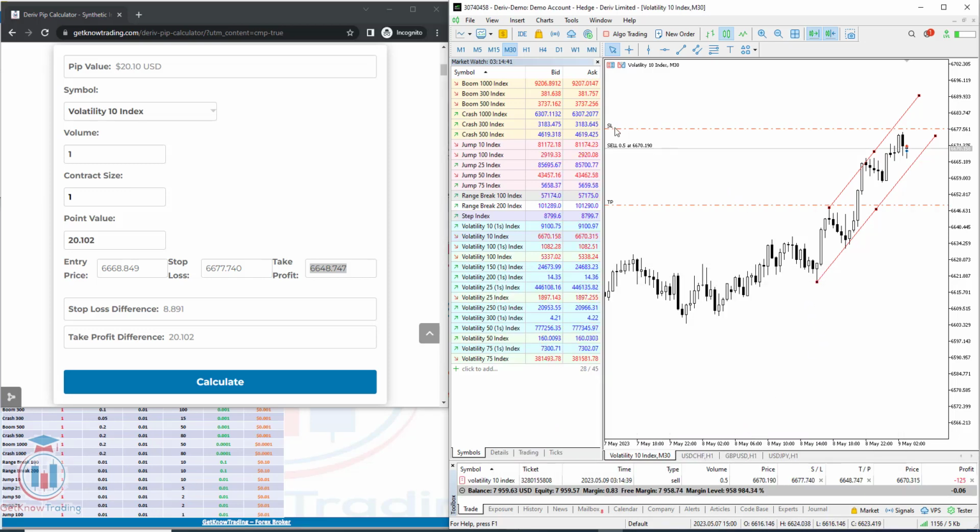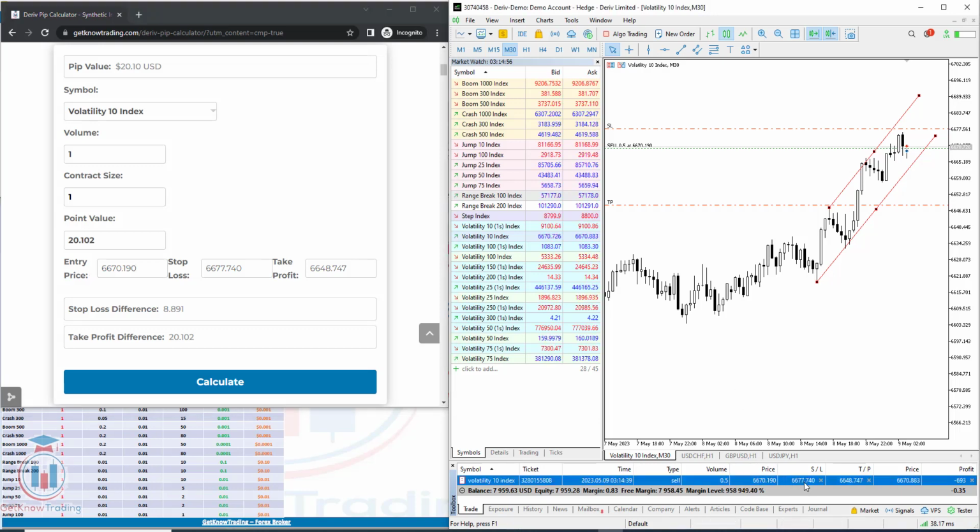Now you can see we have the stop loss, the take profit, and we have here the current price at which we opened the order. It is 6670.10190. This is the value from here. The stop loss is the one that we have defined and the take profit is the one that we have defined.